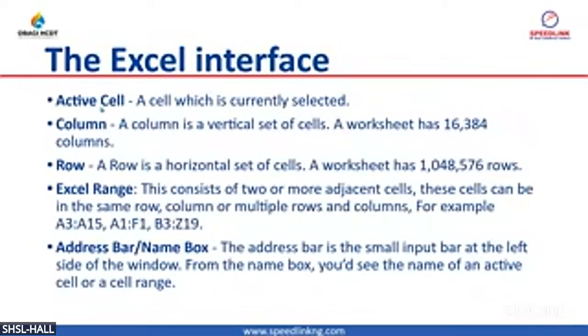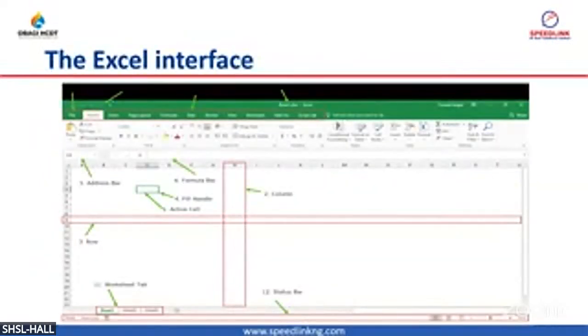So an active cell is a cell which is currently selected. And how do you know an active cell? When you select any of these boxes here, they are referred to as cells.